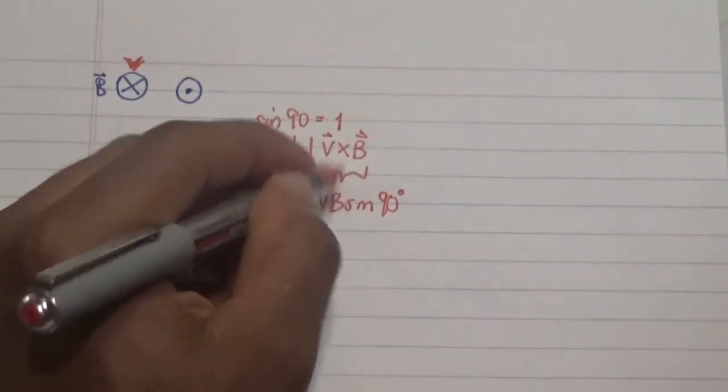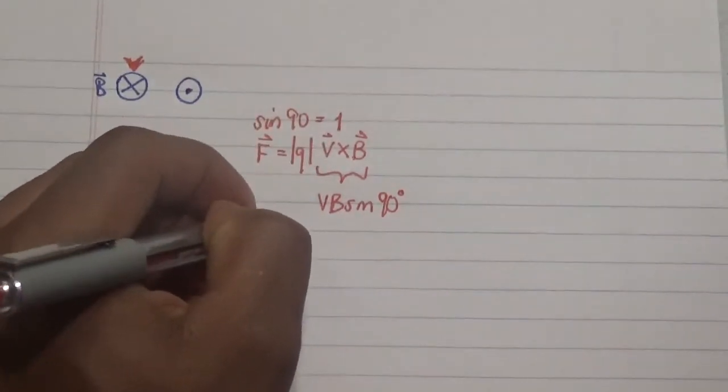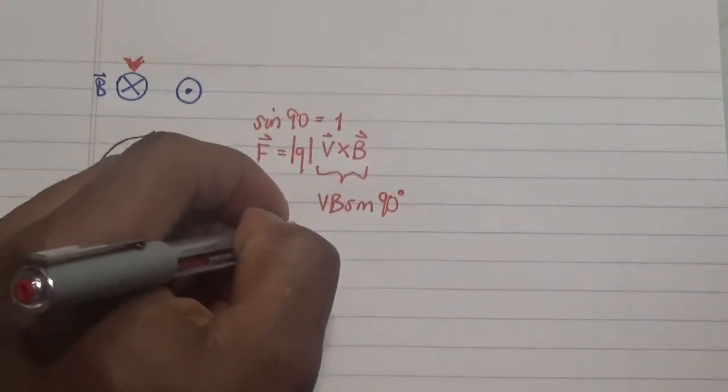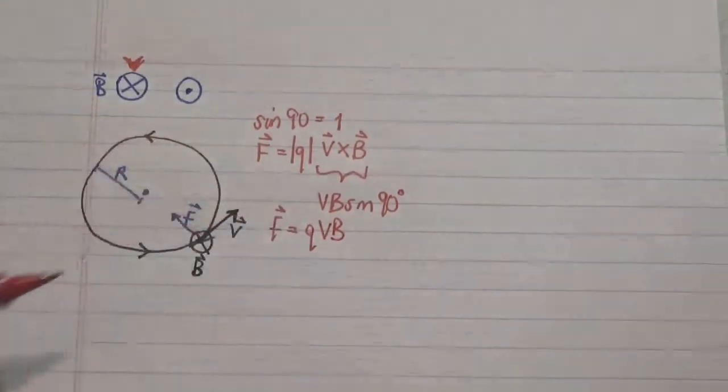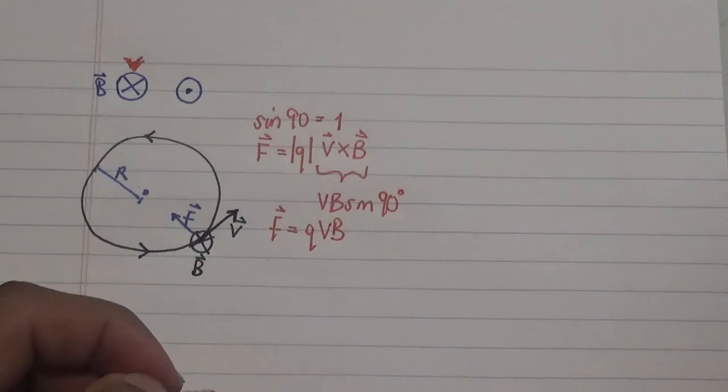Now sine 90 degrees equals 1. So our force is equal to the quantity of charge multiplied by the velocity and the magnetic field.